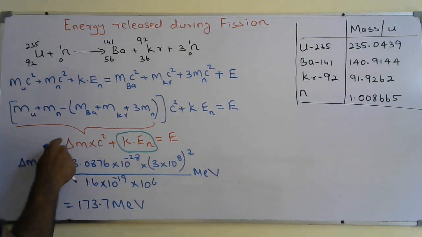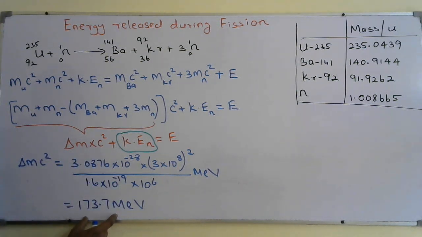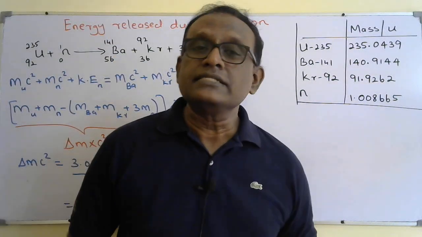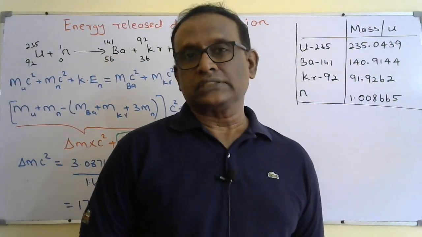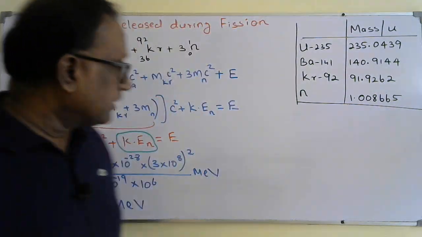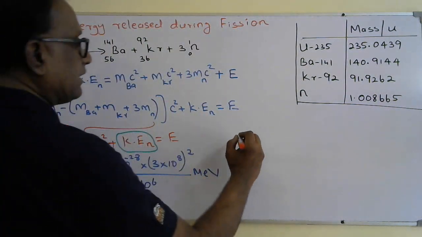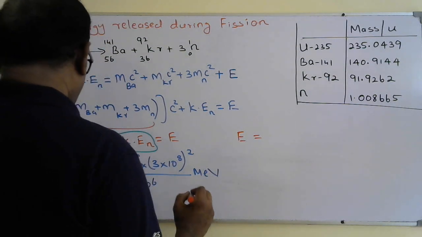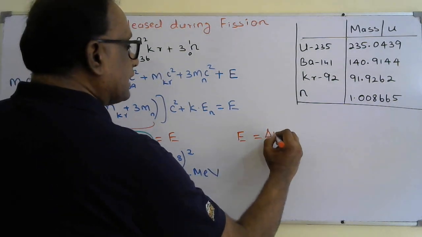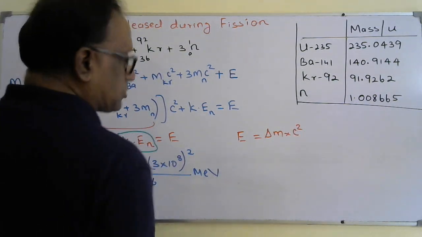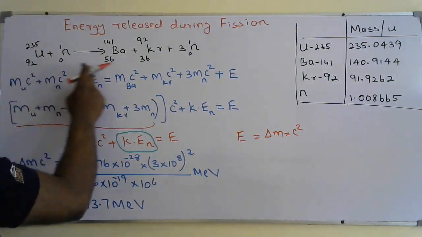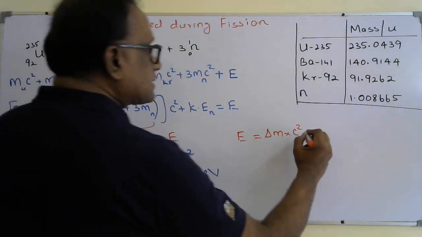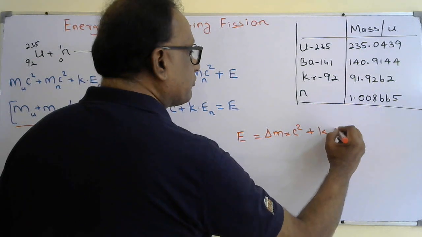So for total energy release, I did this portion now: delta M c squared is 173.7 mega electron volts. The kinetic energy of the neutron I gave as 0.04 electron volt. The total energy released is delta M c squared, the mass deficit into c squared, which I got from the conservation of total mass energy, plus the kinetic energy of the neutron.